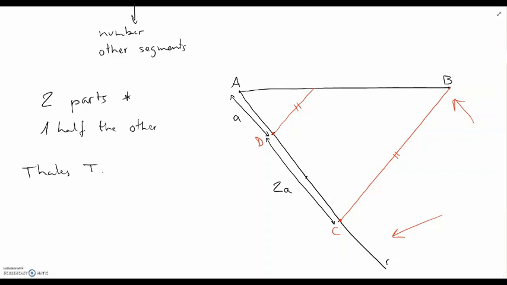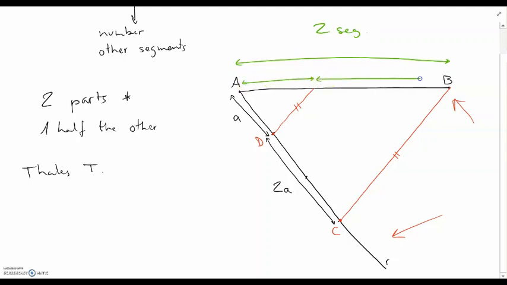So what I get finally is segment AB divided in two segments. The first one, this one, is half the other. I don't know the length of segment AB, but now I have two segments, one of them half the other.